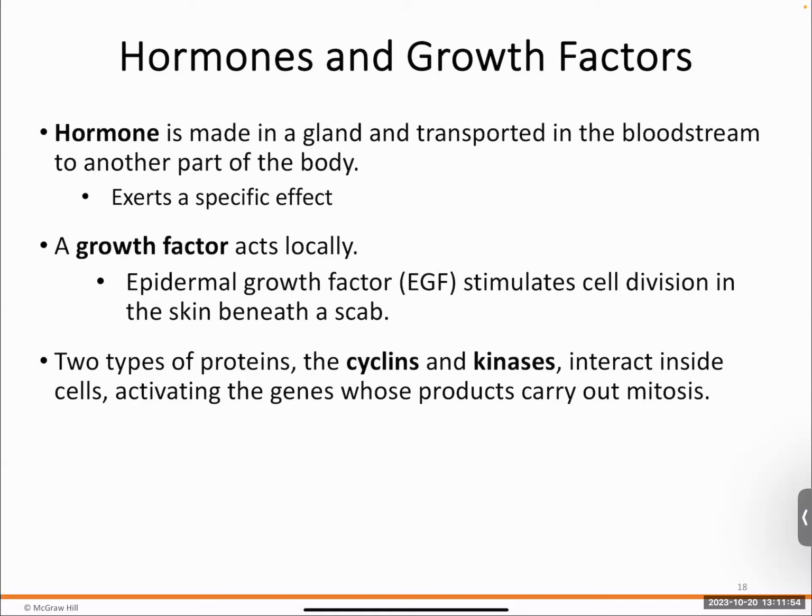We also do understand that there are 2 types of protein called cyclins and kinases. These interact inside the cells, so they're not external factors that get released into the bloodstream, but these are things present inside the cells, and they activate the genes whose products will be important for mitosis to happen. So basically, you have cyclins that are produced inside the cell, right?